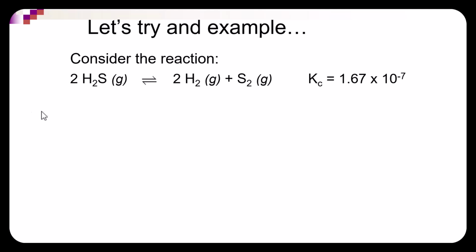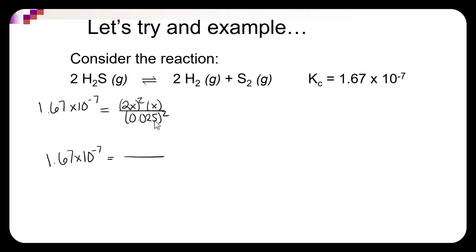All right, so we've got 1.67 times 10 to the negative 7th equals 2x squared times x over 0.025 squared. All right, so let me just rewrite the right-hand side.